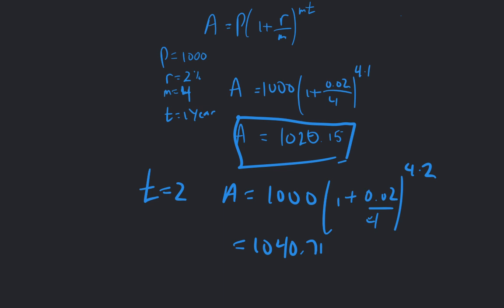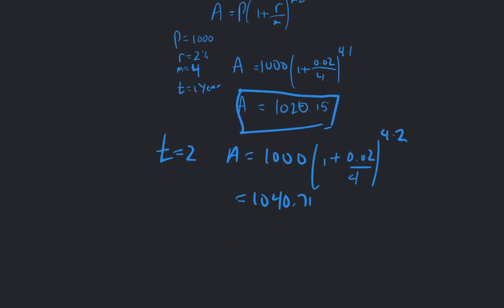So, around $40 just for investing your money. Although that doesn't seem very great. The more you put in, the higher the principal, the more of a payout you will get. This is just one example.